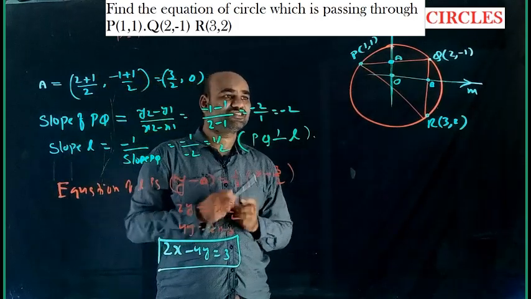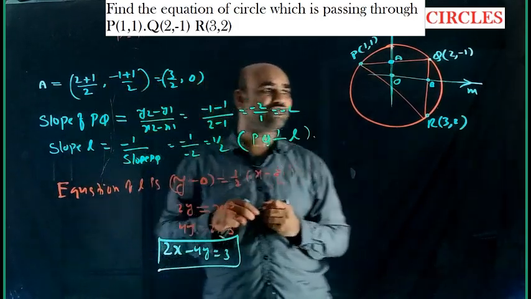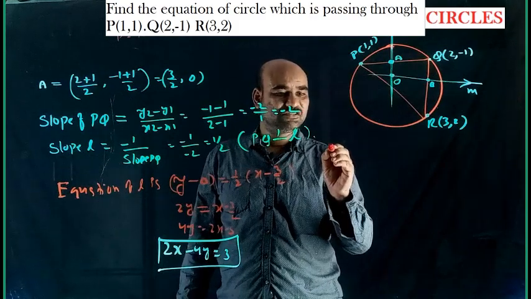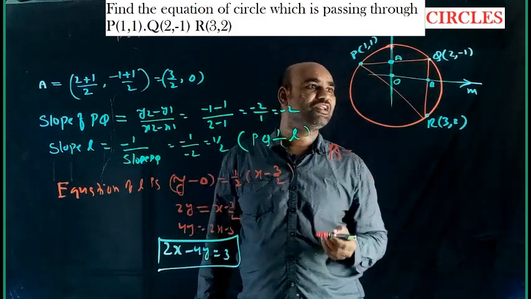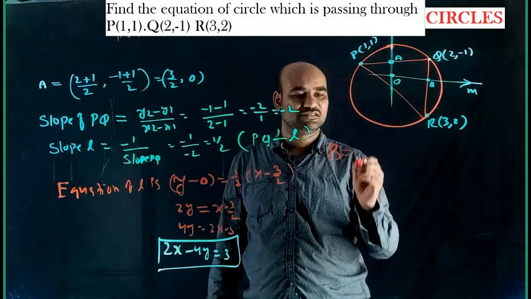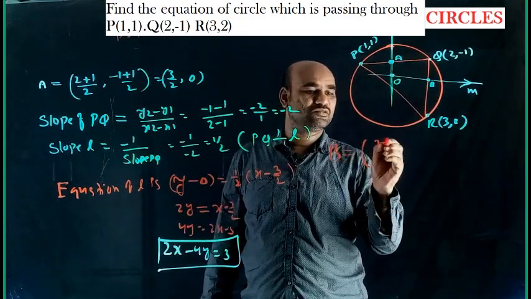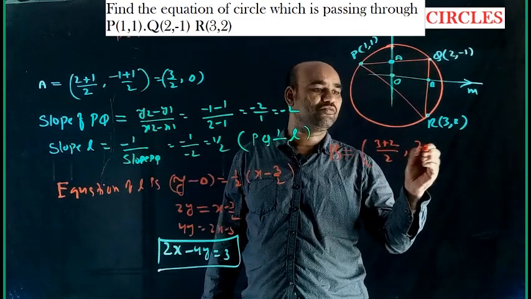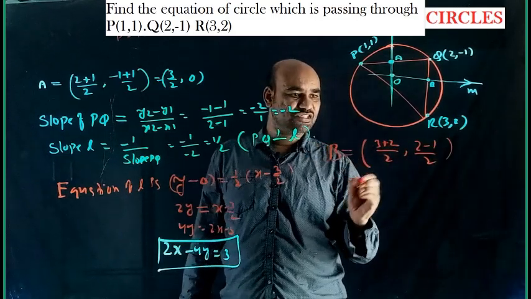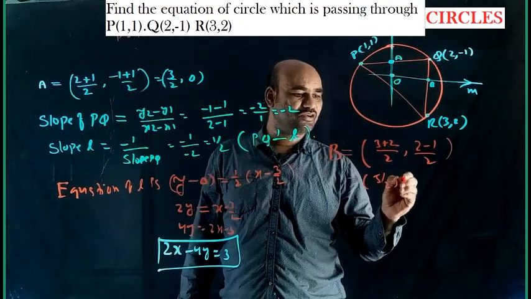Now you want to find the equation of M. First of all you want to find the coordinates of B. Coordinates of B is the midpoint of RQ only. So (3 plus 2) by 2 comma (2 minus 1) by 2, which is the same as 5 by 2 comma 1 by 2.